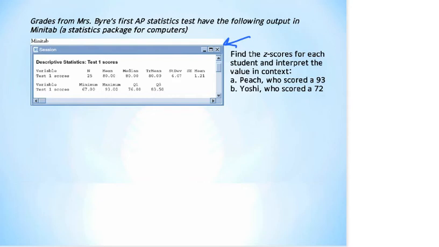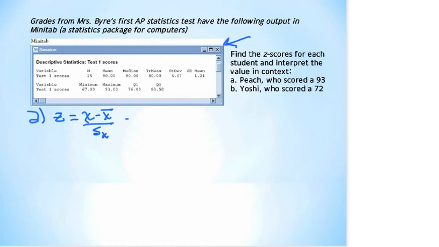So Peach scored a 93. If you haven't figured this out, these aren't real scores, okay? Don't panic. I don't think the median was an 80 on that test, although I haven't graded it, so I couldn't tell you. Remember, z-score is equal to x minus x bar over standard deviation.